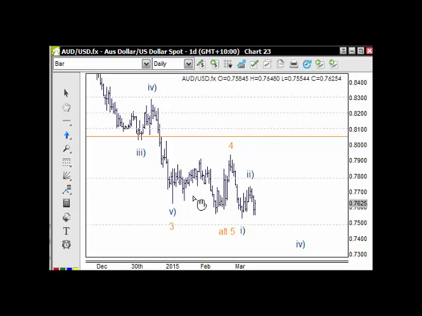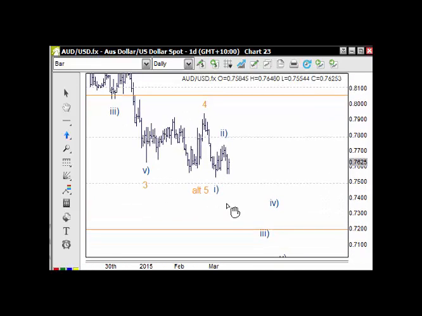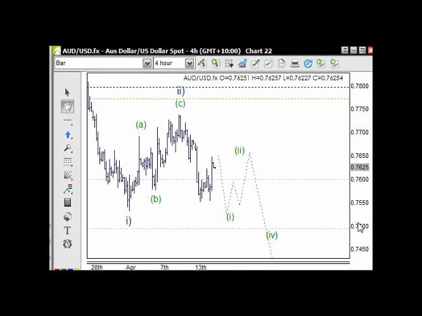But just before we go there, as it stands, we are looking for a larger 5 waves down here in terms of 1 and 2, and then 1, 2, 3, 4, 5 for the third wave, the fourth wave here, and the fifth wave here to find the low around that point there. But anyway, let's just drill in here and see what we've got.